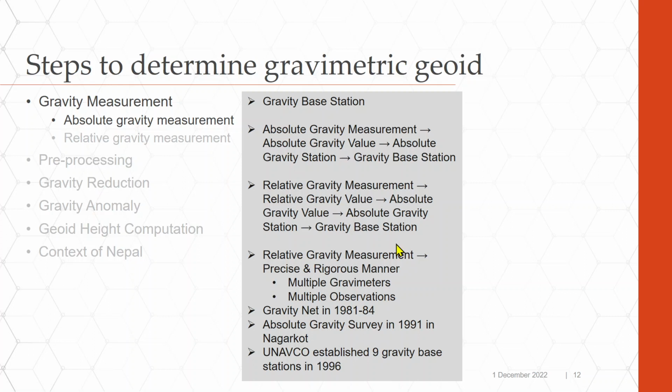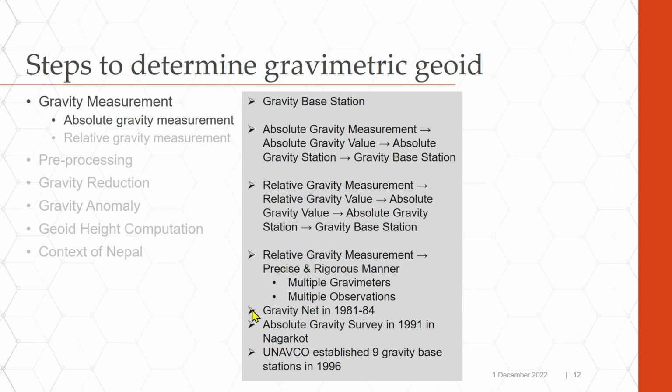While using relative gravity measurement to establish a gravity base station, such a relative gravity survey should be carried out in a very precise and rigorous manner. For example, multiple gravimeters can be used and multiple observations should be made so that the final absolute gravity value obtained from relative gravity measurement would be precise and accurate.